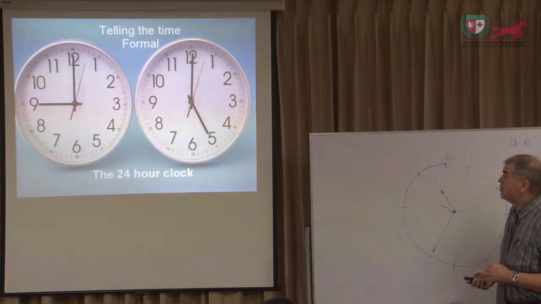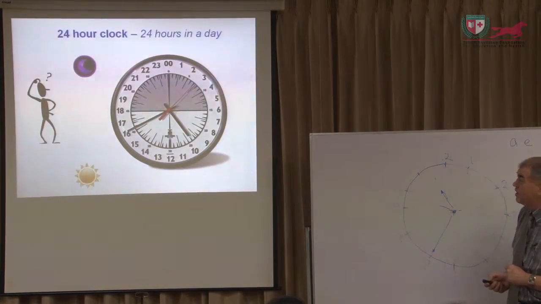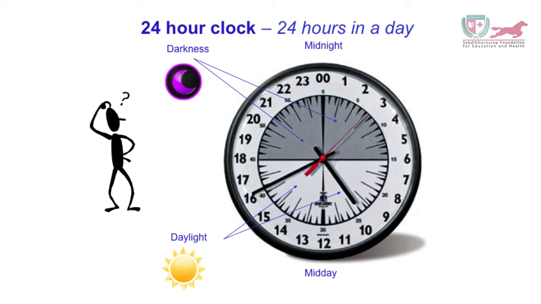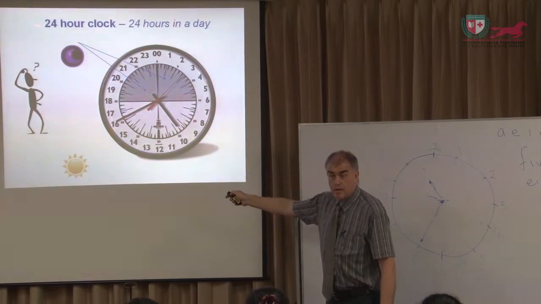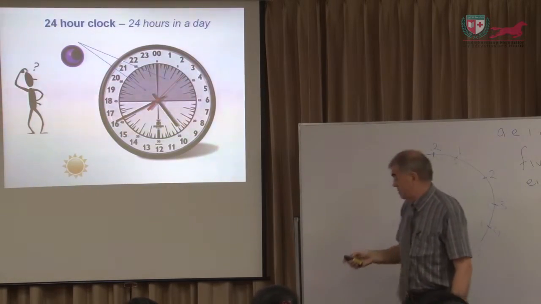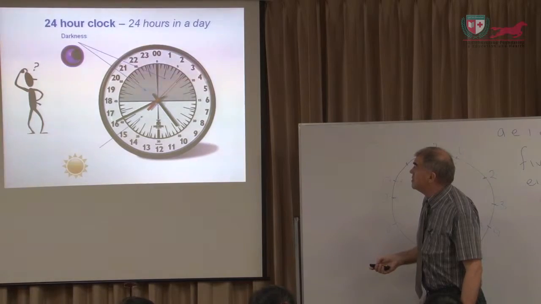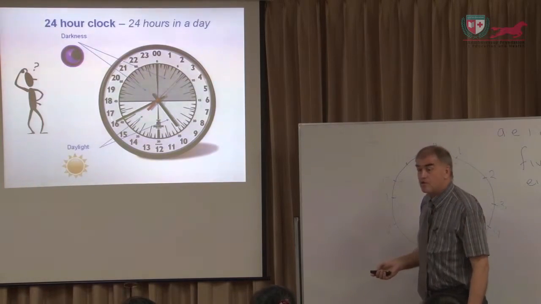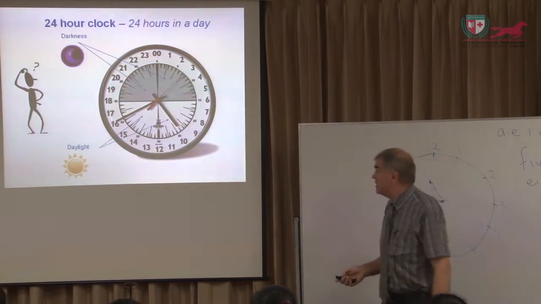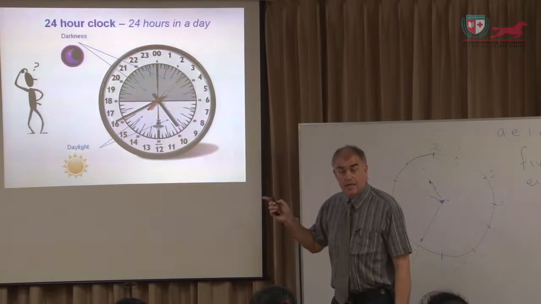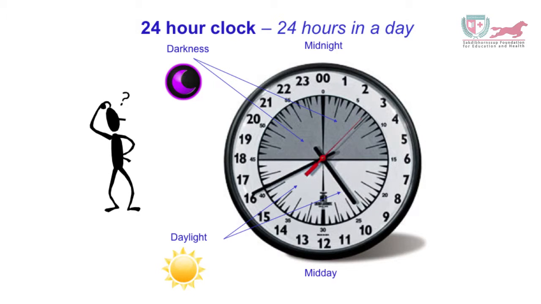Okay, so what is the 24-hour clock? Easy. There's 24 hours in one day. So we have the hours of darkness, and the hours of daylight. Darkness and daylight. Opposite.